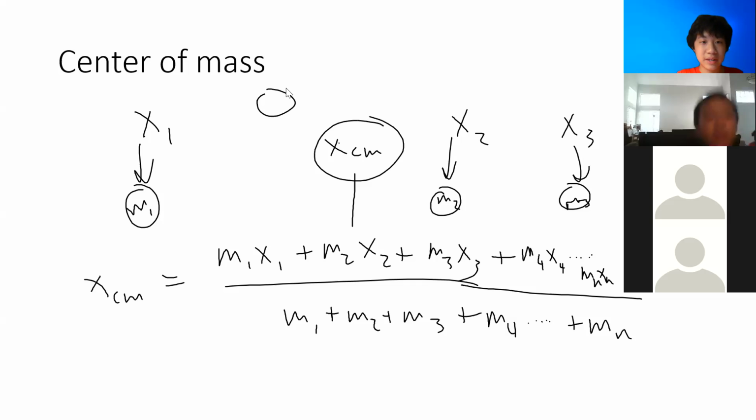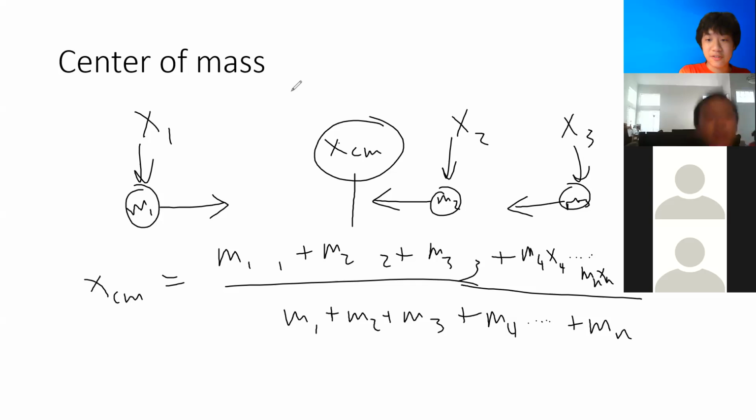All right. And there's another common instance of center of mass where these objects aren't stationary. They're moving in some kind of direction, right? They have some kind of velocity. And the same formula applies if we want to calculate the velocity of the center of mass. We just have to replace every single x in this equation with a v. So we can use the same formula for the velocity of the center of mass, just by changing all the x's into v's.